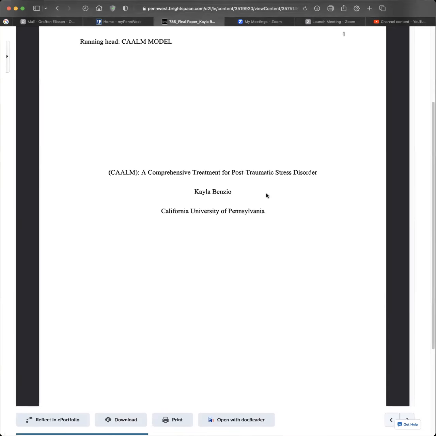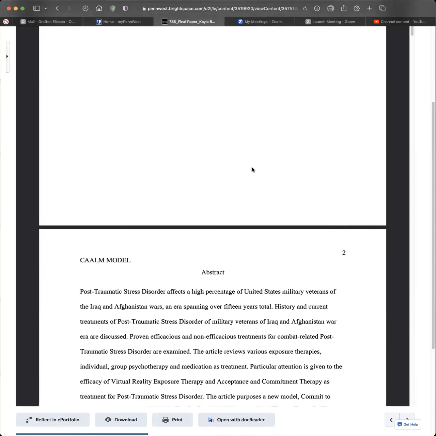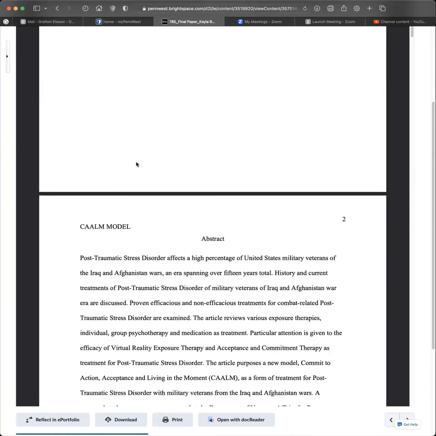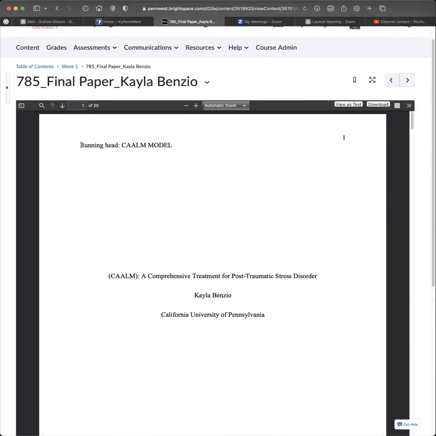So this is the title page. It's in APA style. This is the abstract. Notice it's not indented. Notice on here, R capital, H not capitalized, and the title itself, the running head, all caps.